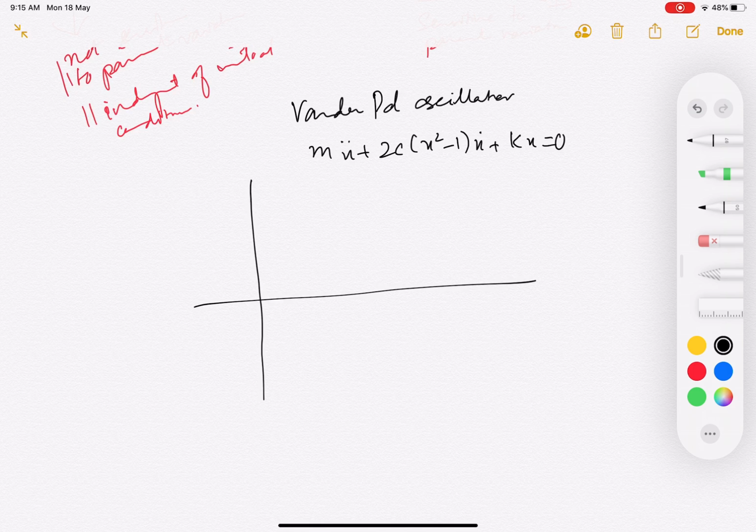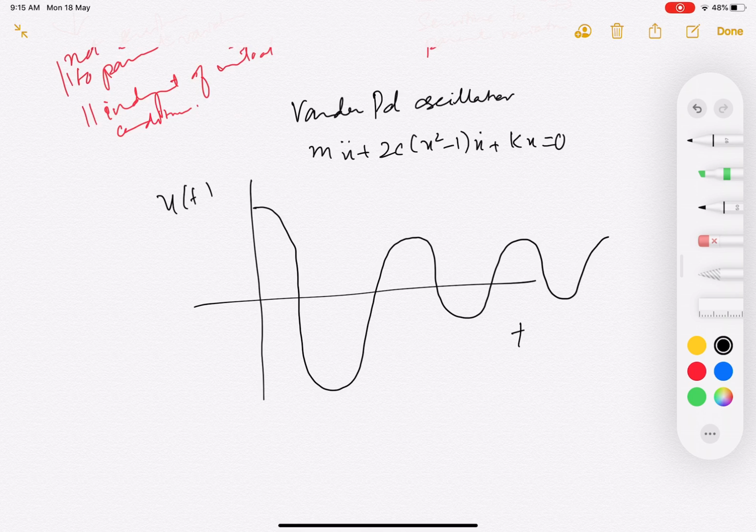If you see the behavior of x(t) with respect to time, you'll see that finally the system will settle down irrespective of the initial conditions.